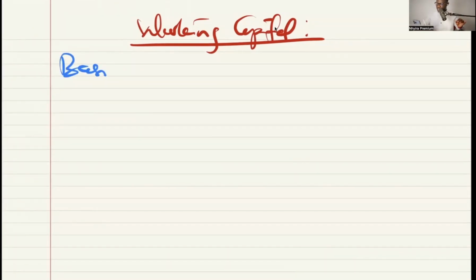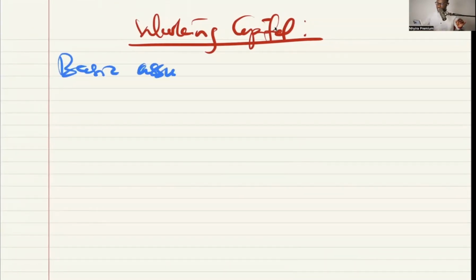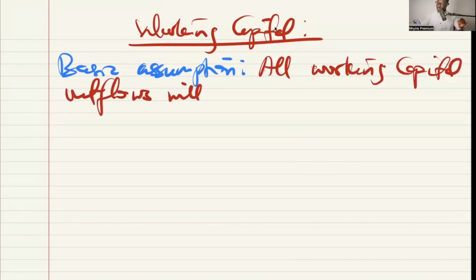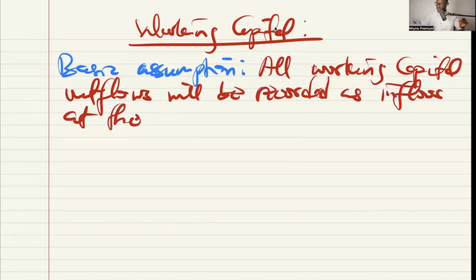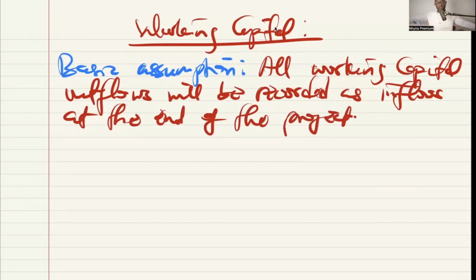That is the basic assumption we apply. All working capital outflow will be recorded as inflow at the end of the project. This is the basic assumption.